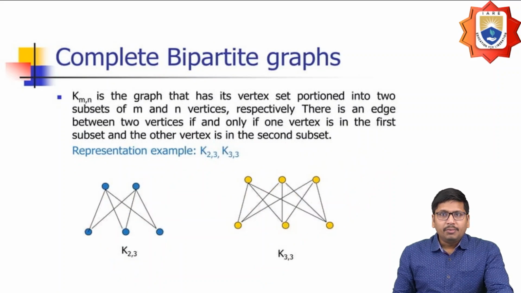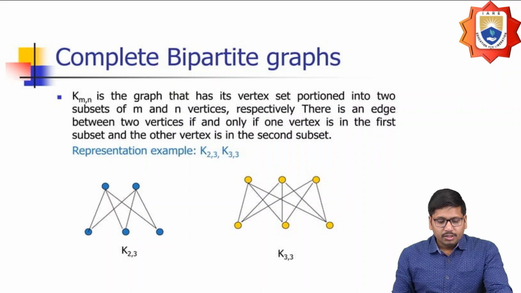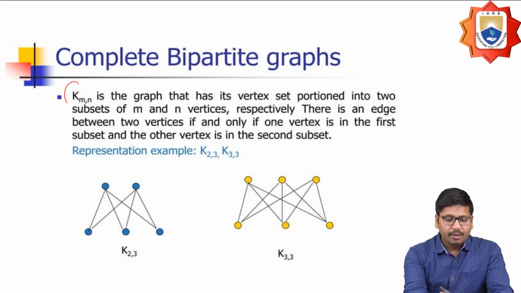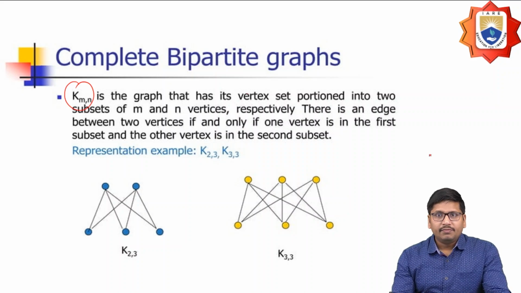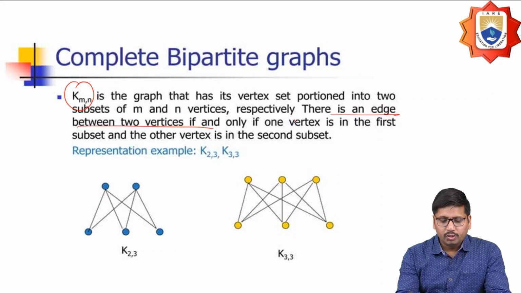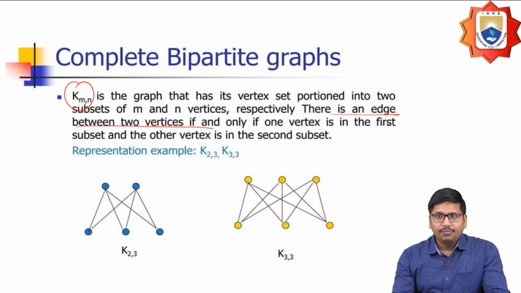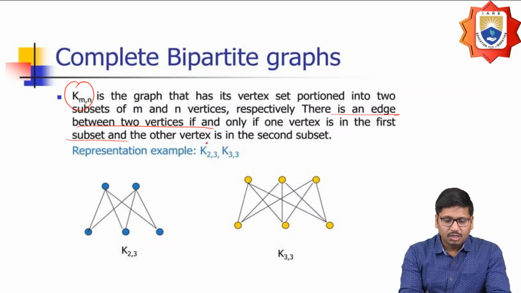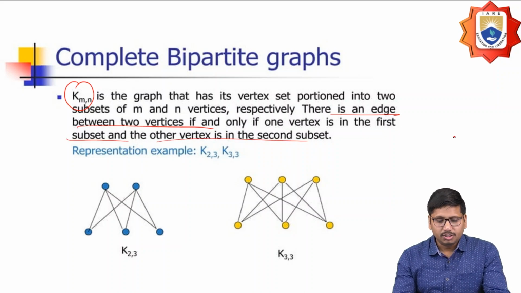Next one is the complete bipartite graph. It is represented as K m,n, which is a graph that has a vertex set partitioned into two subsets, and there is an edge between two vertices if and only if one vertex is in the first subset and the other vertex is in the second subset.